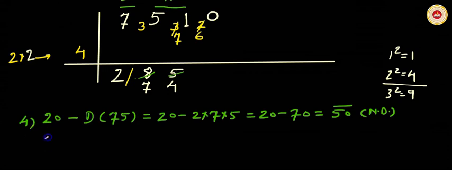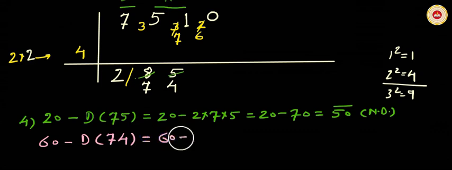Now let us calculate net dividend from the 60. Okay, so 60 minus duplex of 7 and new quotient digit 4, 7 4, 74. 60 minus 2 times 7 multiplied by 4 gives you 14. 14 fours are 56. 60 minus 56 is equal to 4.